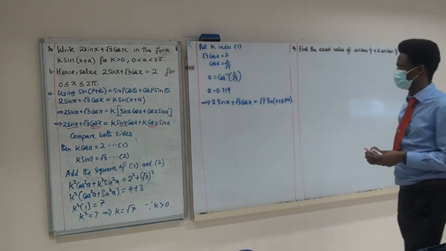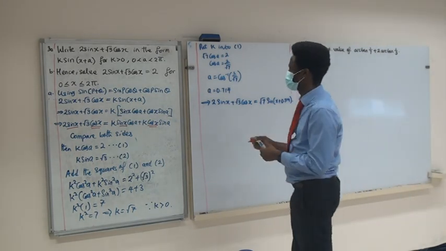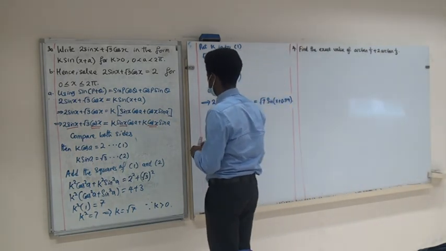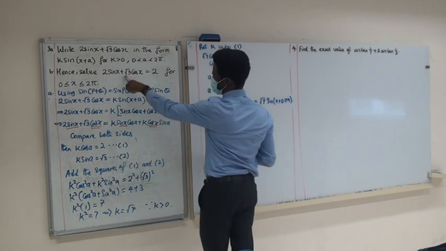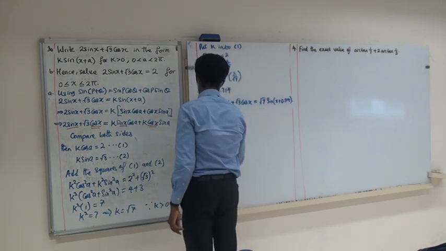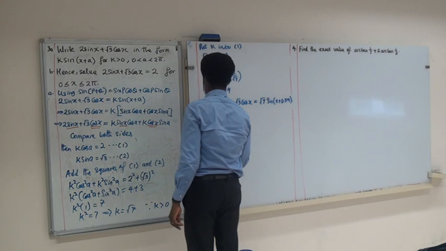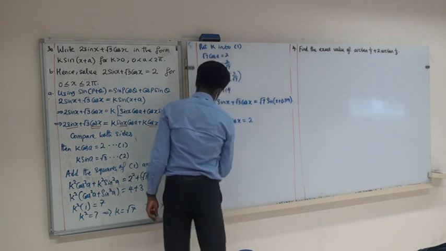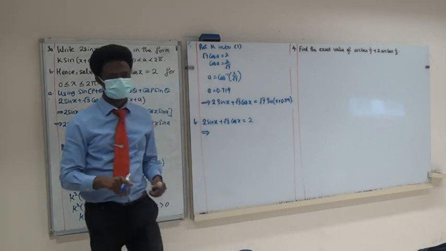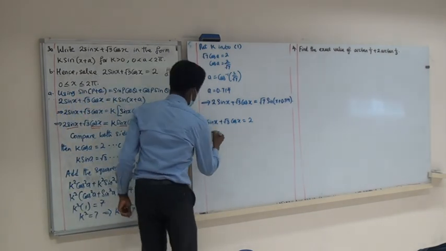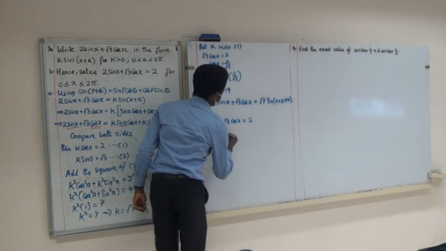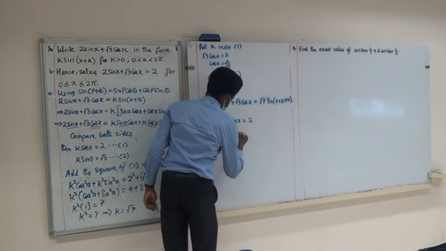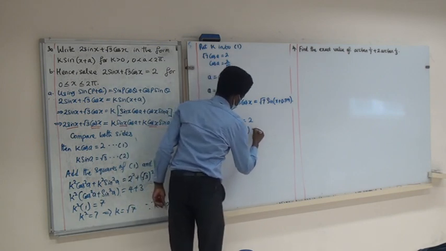Now, having done that, say solve this equation. B. And solving this equation means 2 sine x plus root 3 cos x is equal to 2, implies what? Root 7 sine x plus 0.714 equals 2.